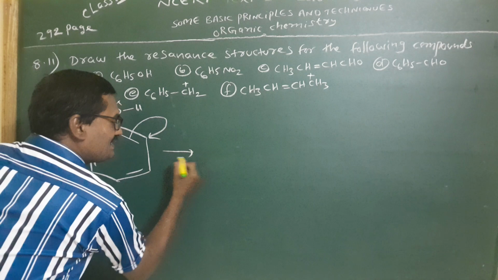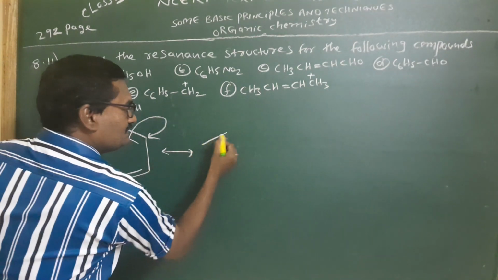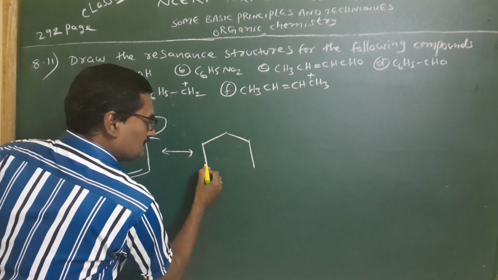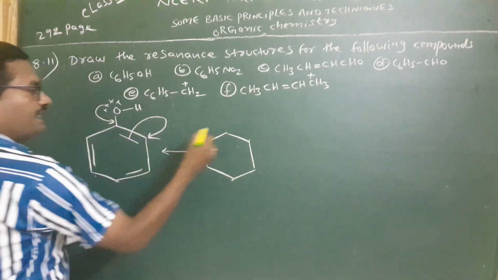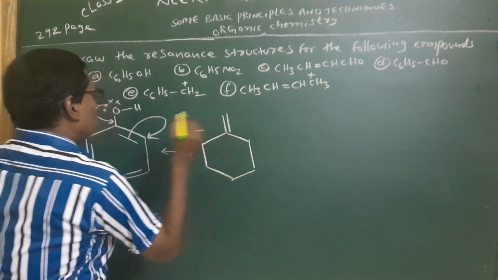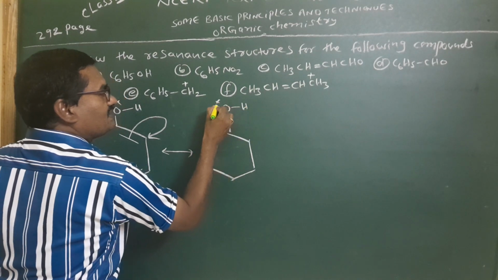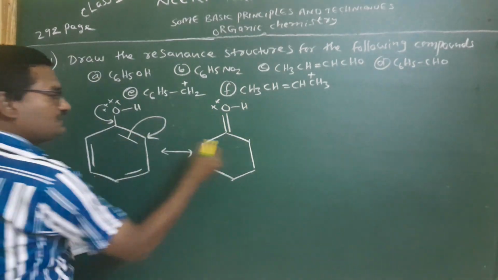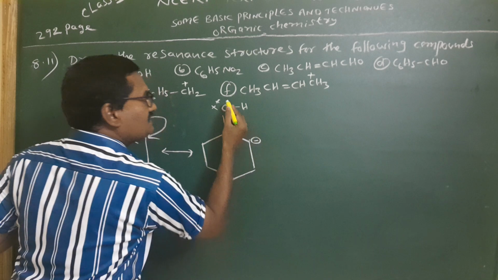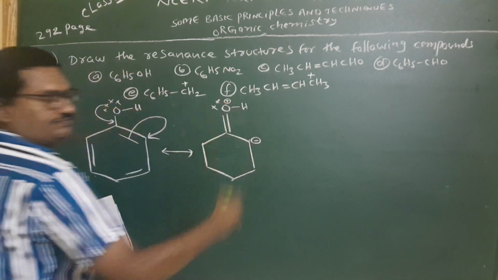So the resonance structure is: here double bond, OH, here 2 electrons. So in this place minus, in this place plus.